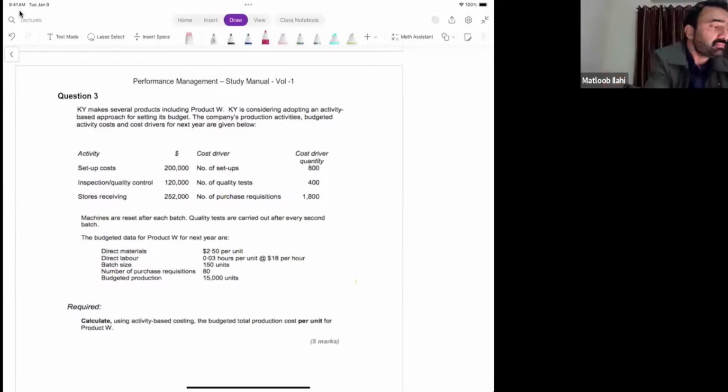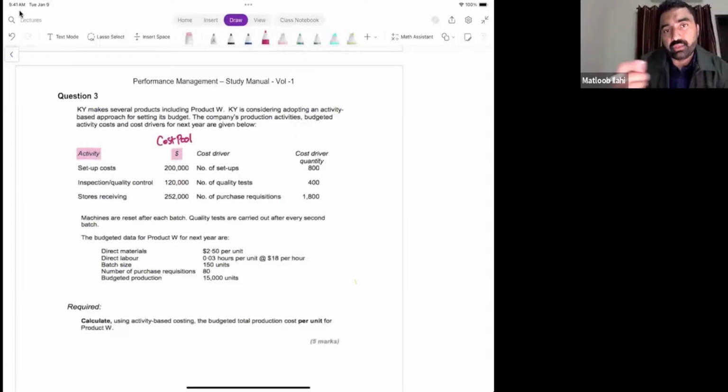You are given the activities, and the total activity cost, which is also called the cost pool. We use the word cost pool. Cost pool means the total cost of the activity. Then you are given cost drivers for each activity, and also the cost driver quantity. So in this question, a lot of the calculation we normally did in the previous example is not needed, because these are already given. Okay.